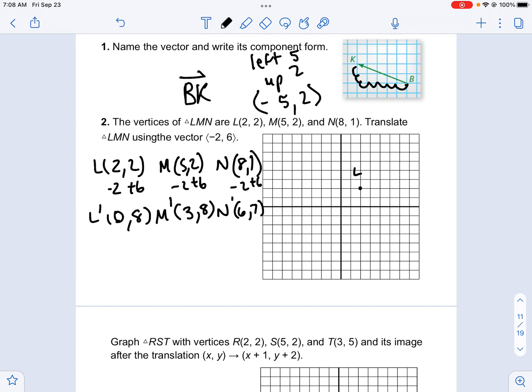L, M, attach. 0, 1, 2, 3, 4, 5, 6, 7, 8. 1, 2, 3, 8. 1, 2, 3, 4, 5, 6, 7. We got L prime, M prime, N prime.